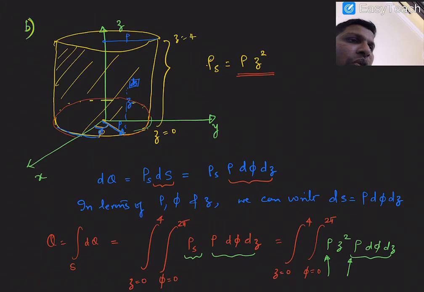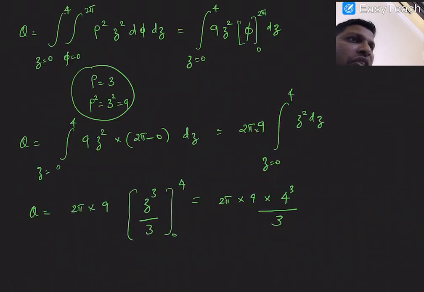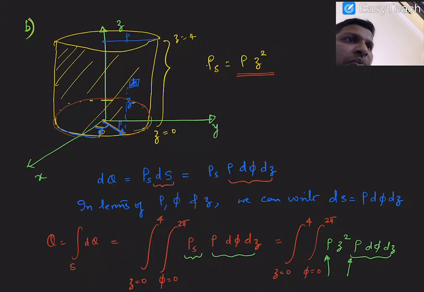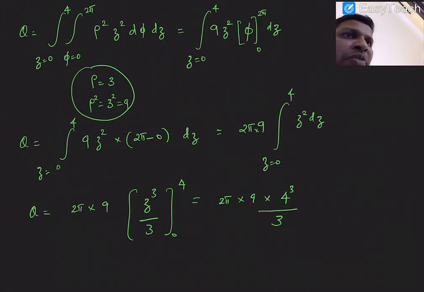Here I am going to substitute, and my charge will be in nanocoulomb. So everywhere I have to add nanocoulomb here, and this also is nanocoulomb, and here also this much nanocoulomb.